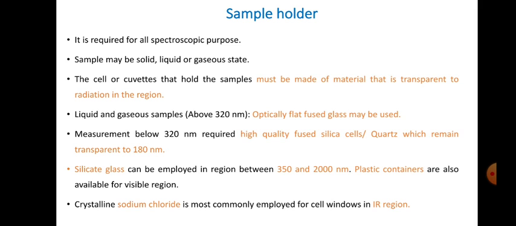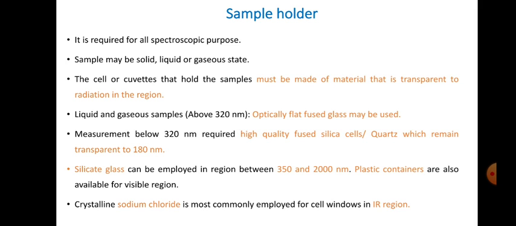We need to keep our sample in place so that the radiation can pass and we can study the amount of light which is getting absorbed. Most samples are present in solid form, some may be liquid, or it could be in a gaseous state. Based on the sample we can prepare the sample holder.